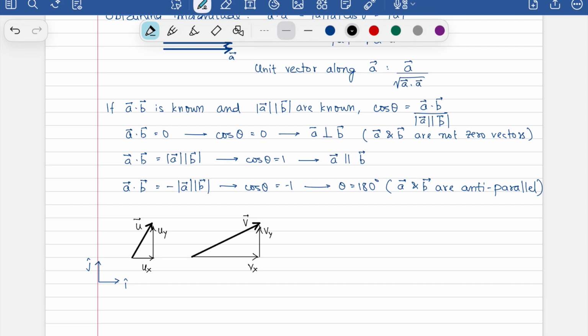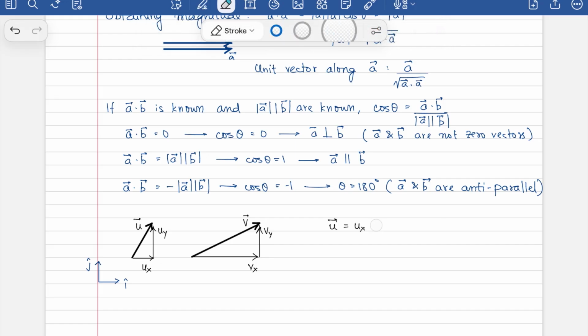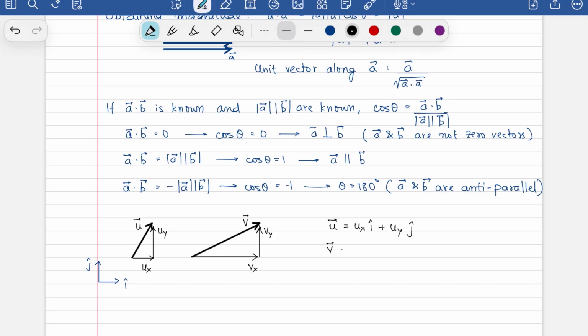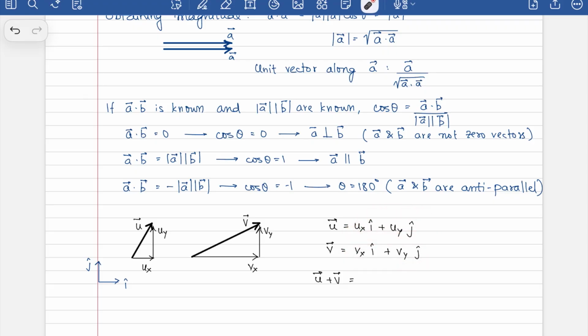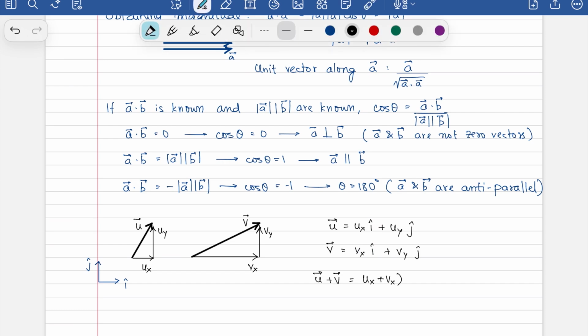So if u vector is equal to ux I hat plus uy j hat, and v vector is vx I hat plus vy j hat, then u vector plus v vector, you're just adding these together. So it'll be ux I hat plus vx I hat, or you can collect them in this way.